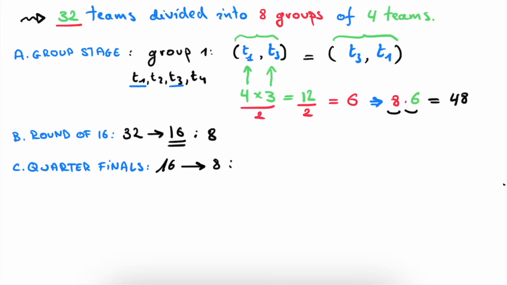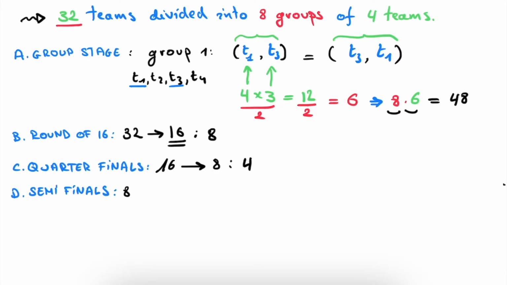Now again, in the quarterfinals, each team only plays one other team. Since a match consists out of 2 teams playing against each other, 8 teams means that there are indeed 4 matches, 4 quarterfinals. And of course, the winners of these 4 matches will advance to the semifinals.